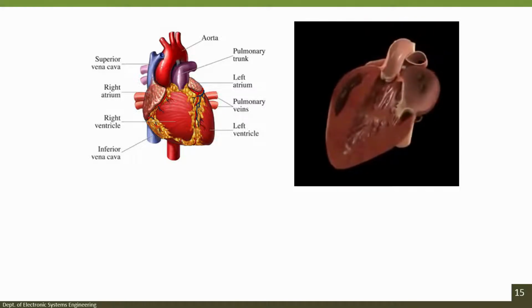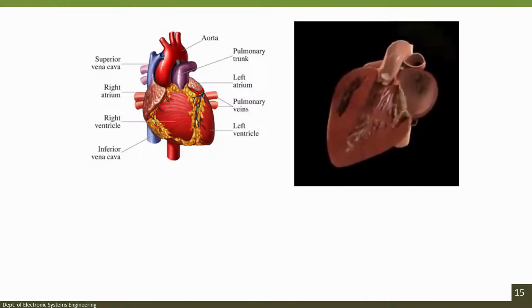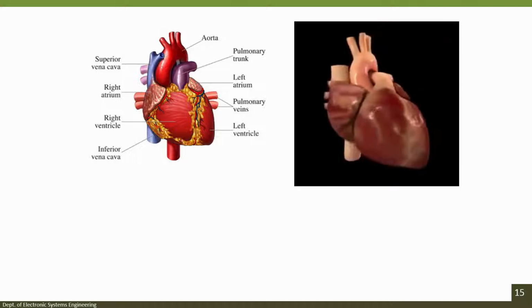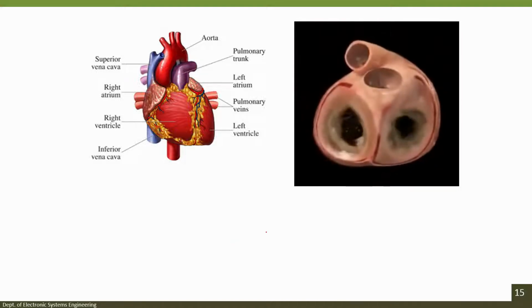Now, why are we talking about atrial fibrillation and how it can be cured? Because we have just seen the ECG measurement. That ECG signal can help us understand that a person is suffering from atrial fibrillation.